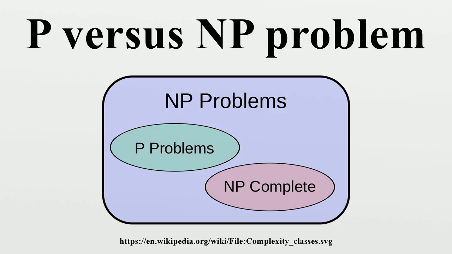The number of researchers who answered was 151. 126 believed the answer to be no, 12 believed the answer is yes, 5 believed the question may be independent of the currently accepted axioms and therefore is impossible to prove or disprove. 8 said either don't know or don't care or don't want the answer to be yes nor the problem to be resolved.